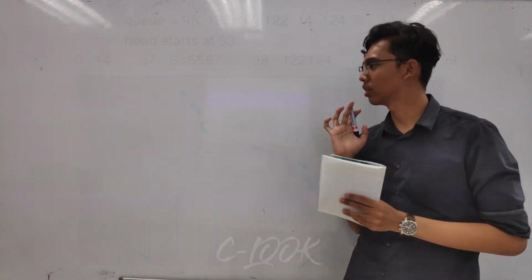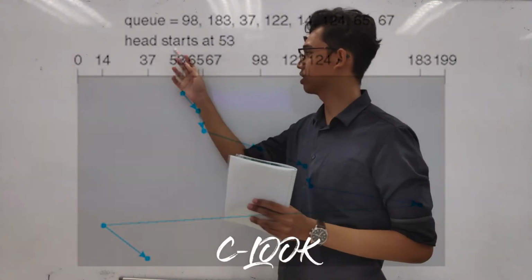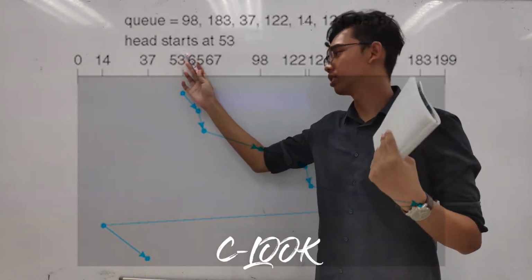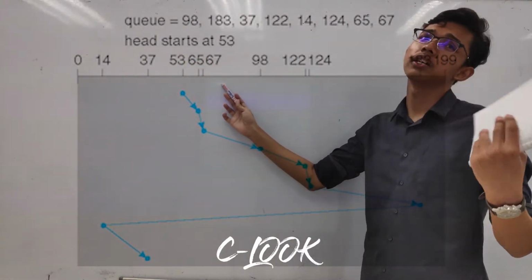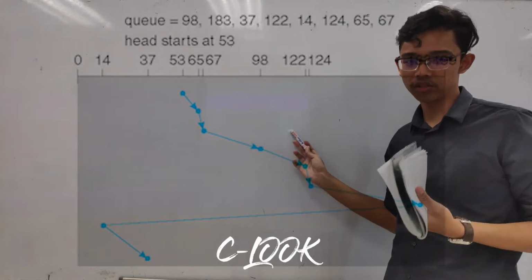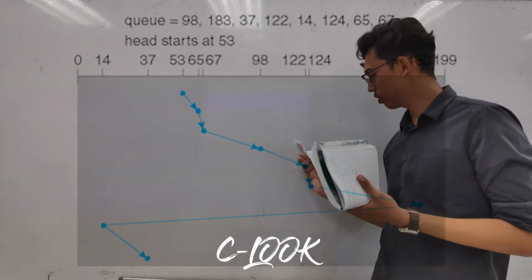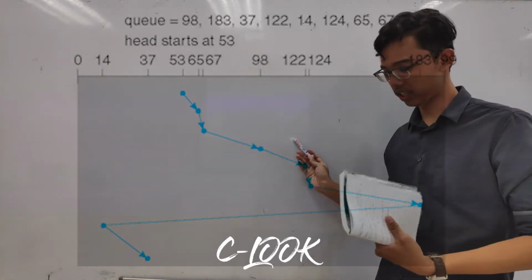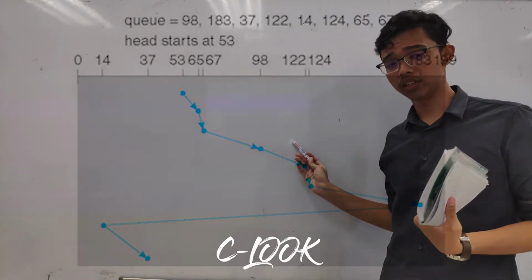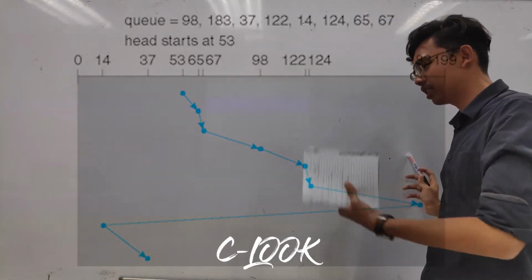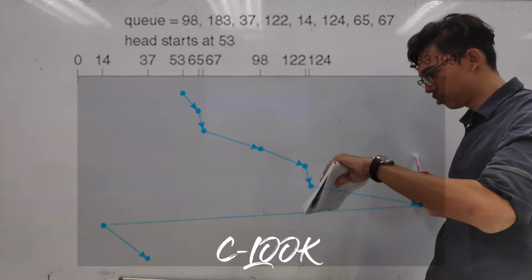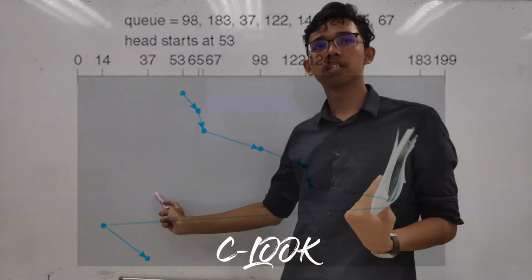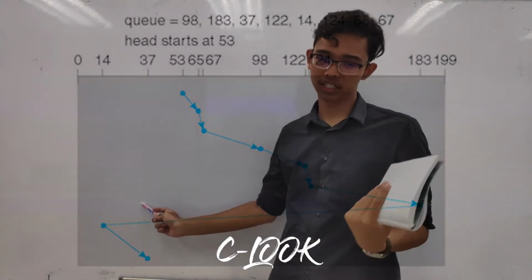So we start at 53, then move forward to 65, 67, 98, 122, 134, then to the highest number in the queue, which is 183. Then after that, we move backward to the smallest number, which is 14, and finally 37.